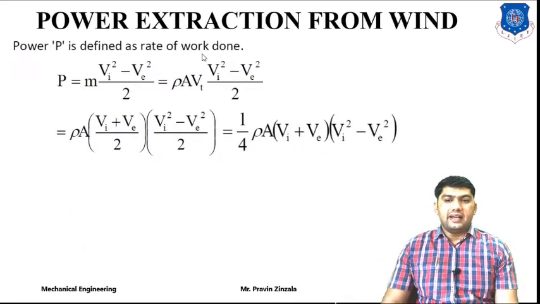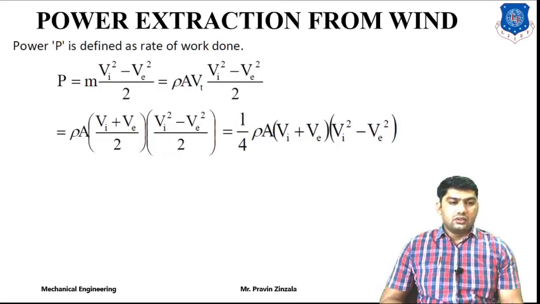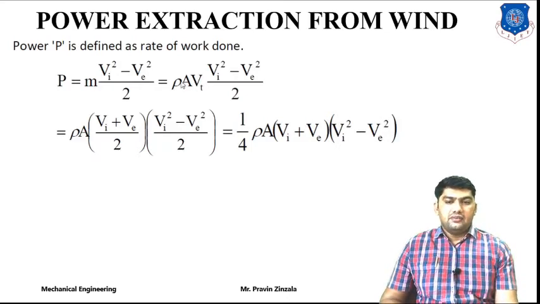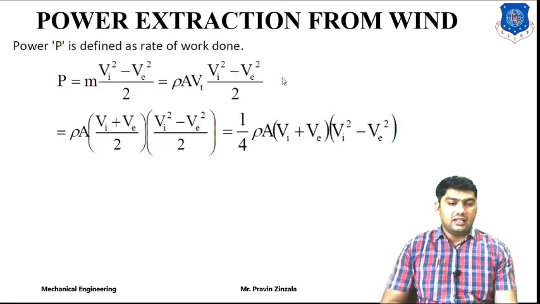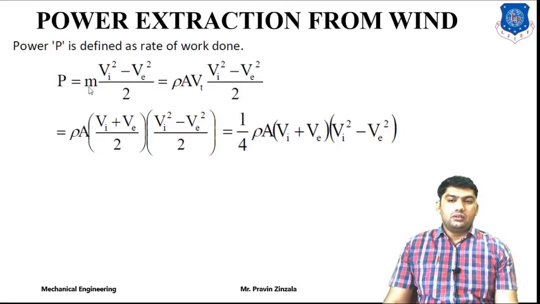Power is defined as the rate of work done, and we can also derive the equation from kinetic energy. Work is equal to the change in kinetic energy, and we are applying the boundary condition at the incoming and exit side. So the power is equal to the rate of doing work, meaning mass flow rate into kinetic energy, 1/2 m v square.